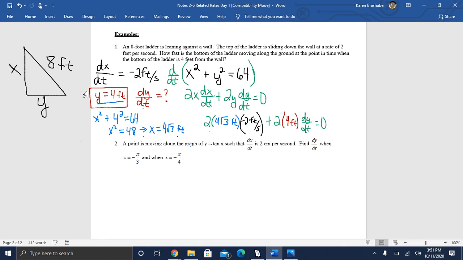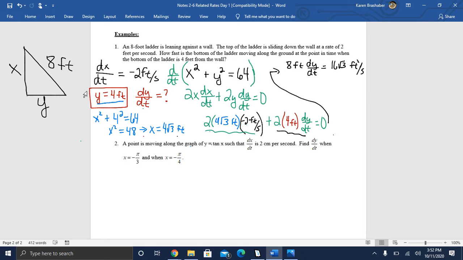And I can add that to the other side of the equal sign. So I'm going to multiply this together and then add it to the other side of the equal sign. I'm going to do that work up here. I'm just having trouble fitting this all in. So that leaves me with this part of the equation. This is 8 feet dy dt equals, and then since I'm moving to the other side, 16 square root 3 feet squared per second.